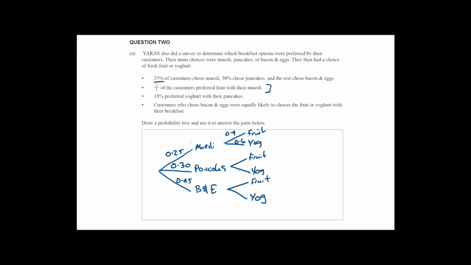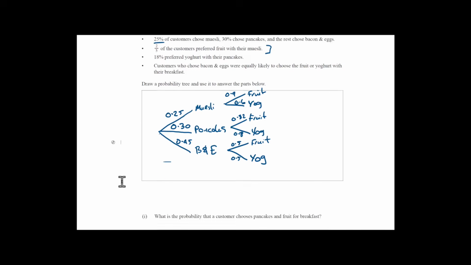So that's 0.18. This must be 0.82. Customers who chose bacon and eggs were equally likely fruit or yogurt. 0.5 and 0.5. And then we can multiply down if we want to. But let's go to the question.